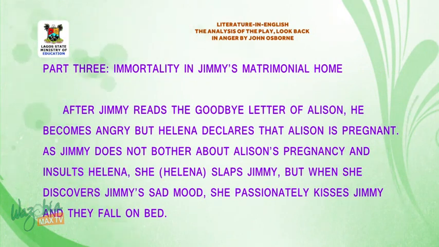After Jimmy reads the goodbye letter of Alison, he becomes angry, but Helena declares that Alison is pregnant. As Jimmy does not bother about Alison's pregnancy and insults Helena, Helena slaps Jimmy, but when she discovers Jimmy's sad mood, she passionately kisses Jimmy and they fall on the bed.